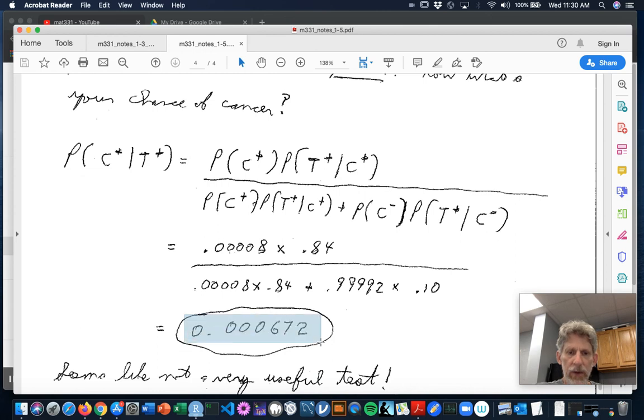We come back with still a pretty small probability. When your pap smear comes out positive, you shouldn't immediately sound all the alarms. You still only have about a 7 out of 10,000 chance of having breast cancer.